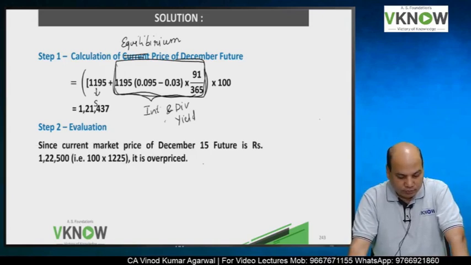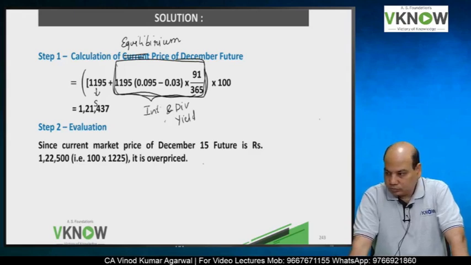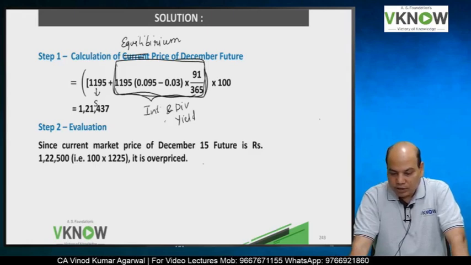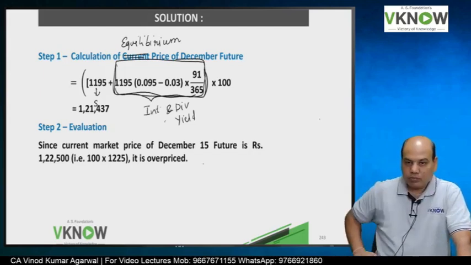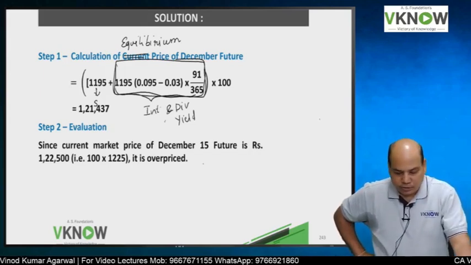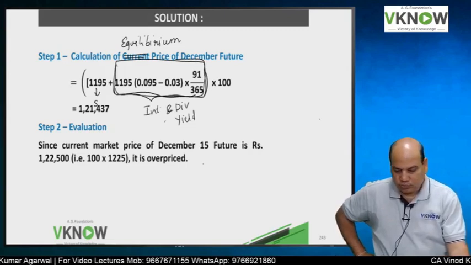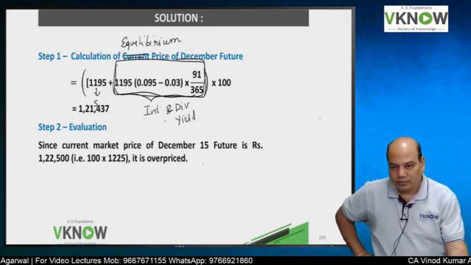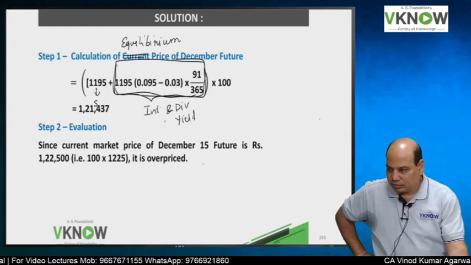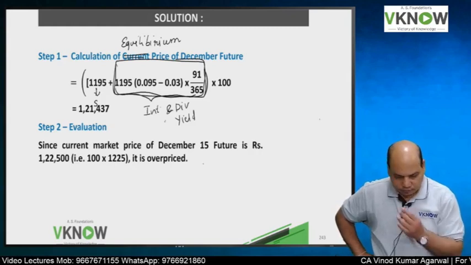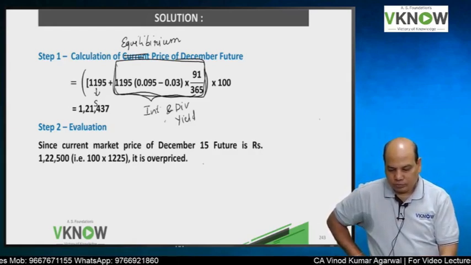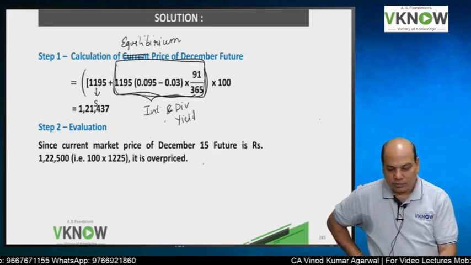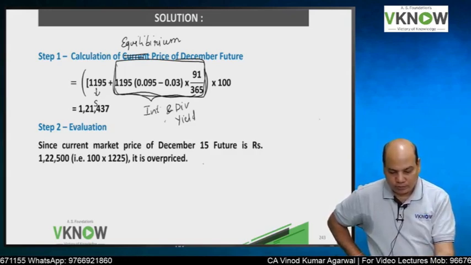Step 2, write down the current market price of the December 15 future is rupees 1,22,500. In brackets write down 100 units into 1225.